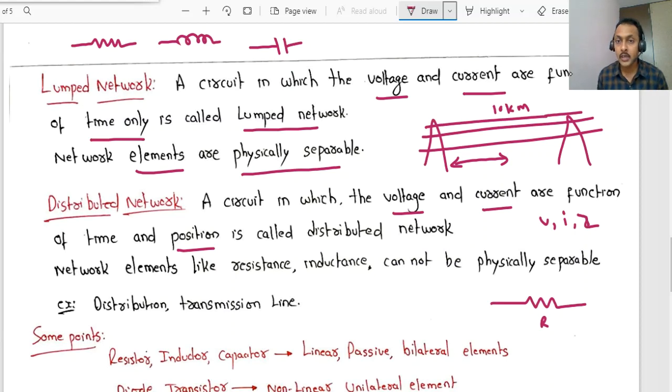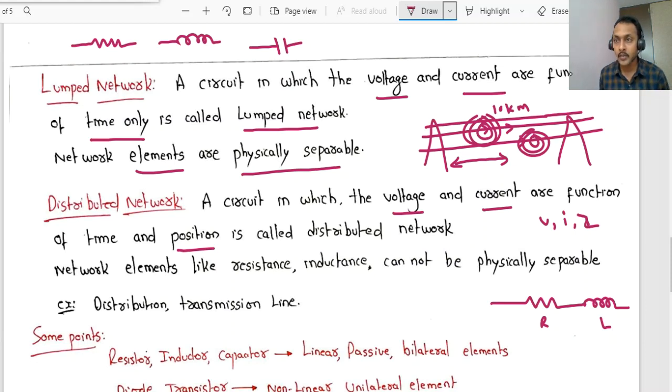And because this line travels long distances, because of the current flowing in both the lines, some flux will be established, right? This flux cuts the remaining flux, and there will be some inductance effect also for this line. Now, do you think that really there is a resistor and inductor in this line? No, its effect is to be considered.